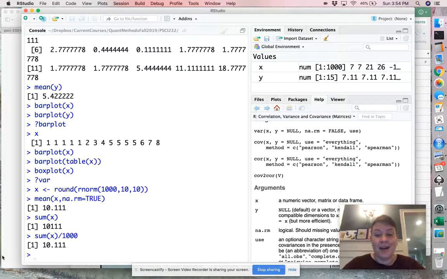Again, you don't actually have to know how to calculate it because R is going to do it for you. This is the joy of R. I don't ever want to see anybody taking a numerical average by hand because that's a wonderful way to introduce error. So let's do median x, comma, na.rm equals TRUE.